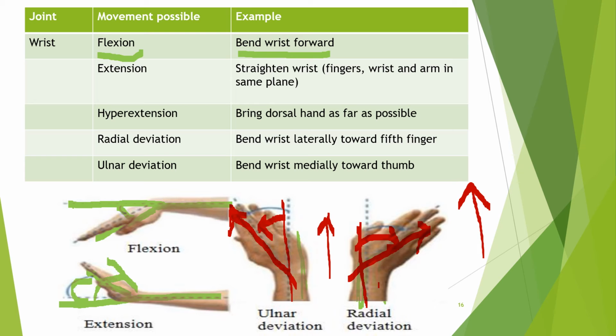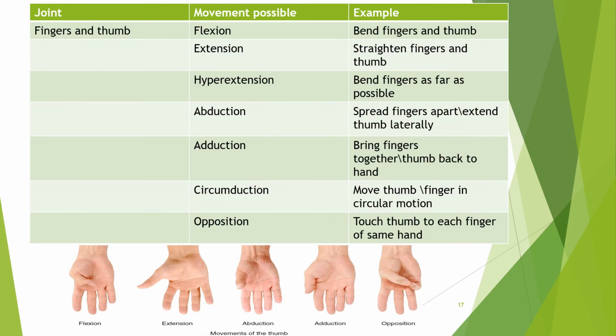I hope you understand both the terms, deviation toward the bones. Next is the movement of finger and thumb. Here also flexion is the bending of your finger and thumb, like that.